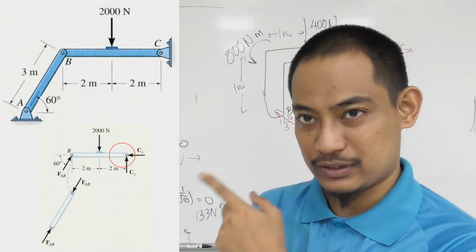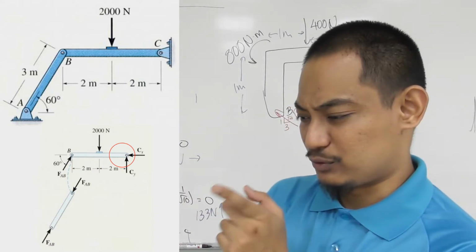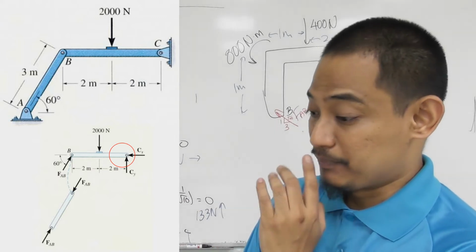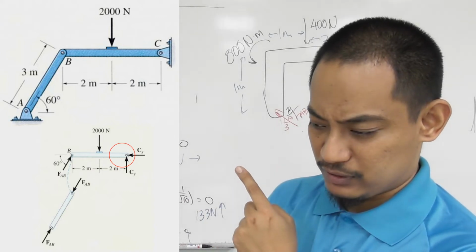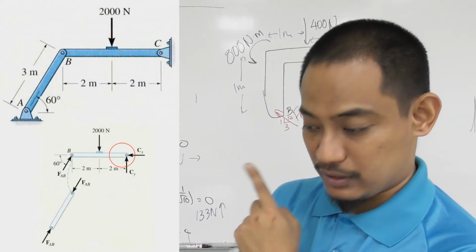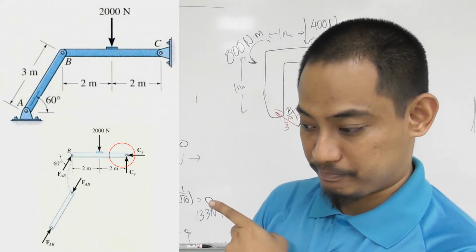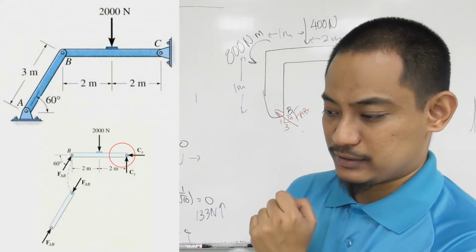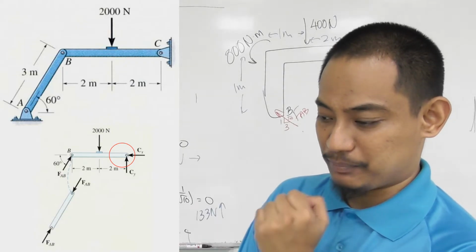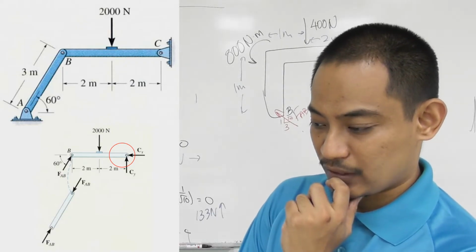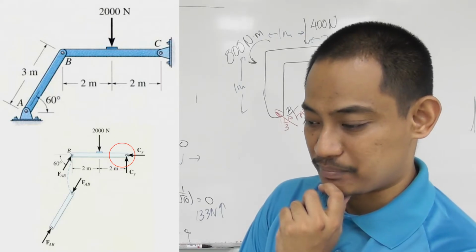The question is, if an additional couple moment is applied at C, how will you change your free body diagram of member BC at B?